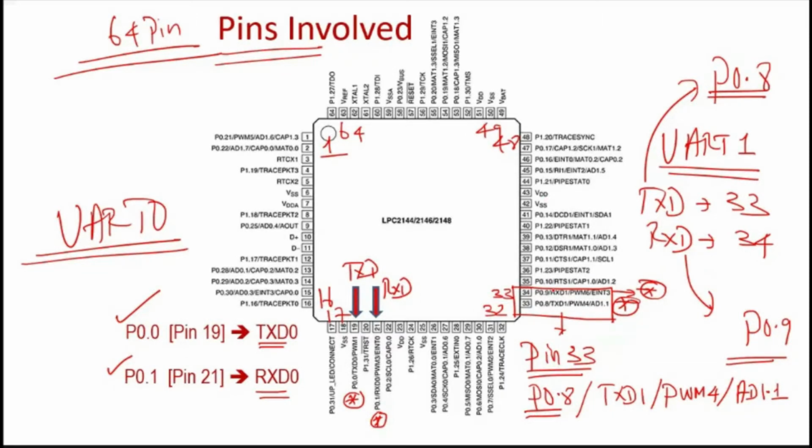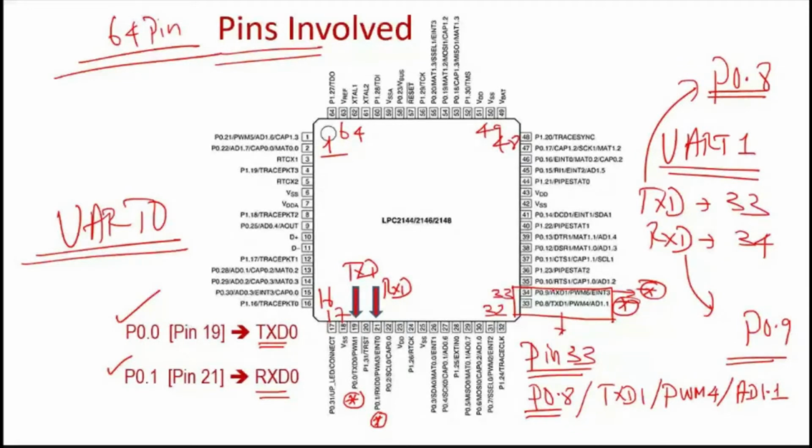So if you are planning to use a particular pin as a GPIO pin, you need not do anything. But if you are planning to use the same pin for some other function, let us say in this case, we are planning to use these pins as UART pins, then you have to tell the microcontroller what exact operation you are planning to do with that particular pin, because the default function is the GPIO function.